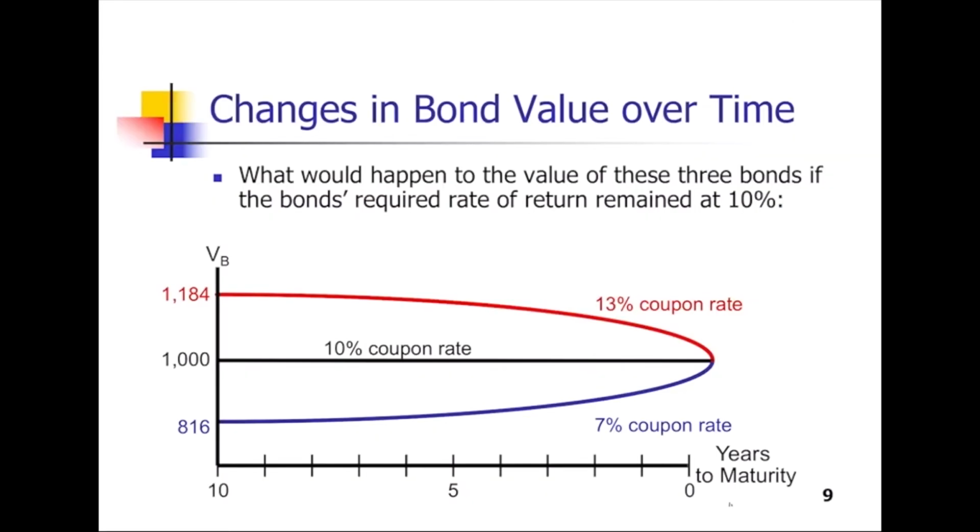This slide shows the change in bond value over time. There is one assumption: the required rate of return remains at 10%. It means RD is 10% over time. That is one assumption.